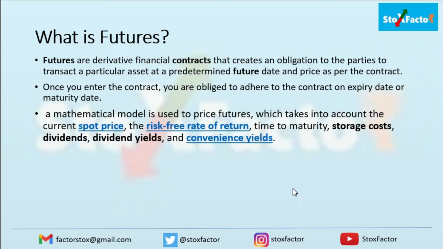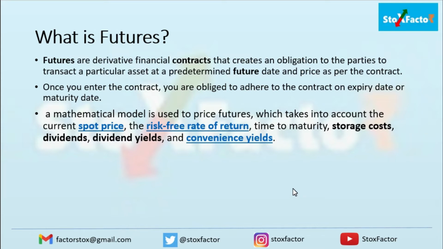Most of the time you will see that the future price is slightly above the current market price, and in some cases you will see that the future price is discounted to the current spot price, depending on whether the company is giving a dividend or not. Generally in dividend scenarios you will see the future price getting discounted. So in this way a typical future contract behaves in the market.